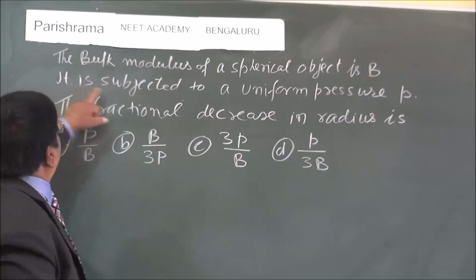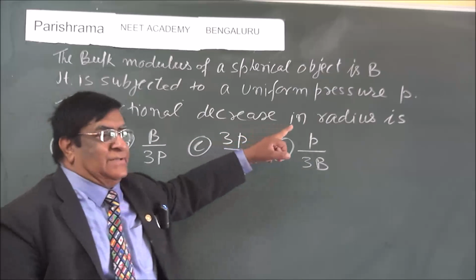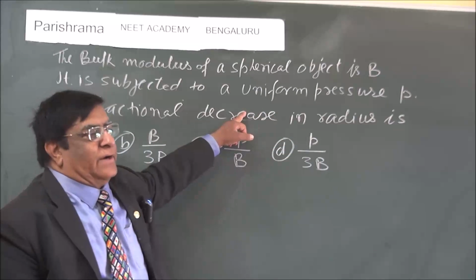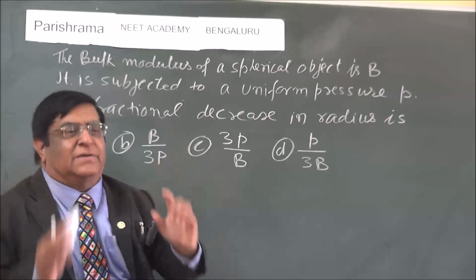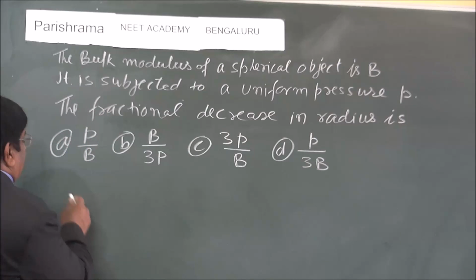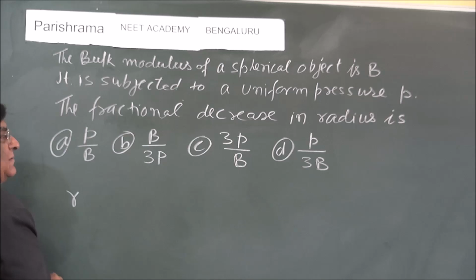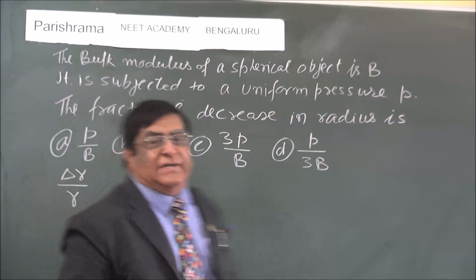It is the fractional decrease in the radius. This is required: the fractional decrease in the radius. If the volume decreases, naturally the radius will also decrease. So if the initial radius was r, the change in the radius is delta r. Then what is the fractional decrease?